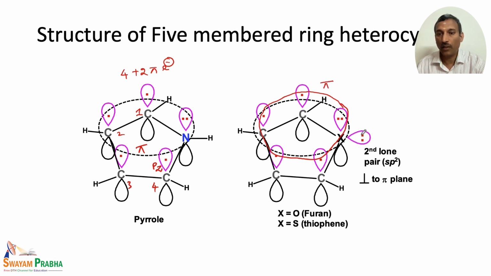The other 2 electrons are actually perpendicular to this system. That is the reason these 2 electrons are not involved, and that is the reason we do not have 8 pi electrons. In the case of oxygen and sulfur, we only have 6 pi electrons. So, this is how we can visualize how they form the aromatic ring system.